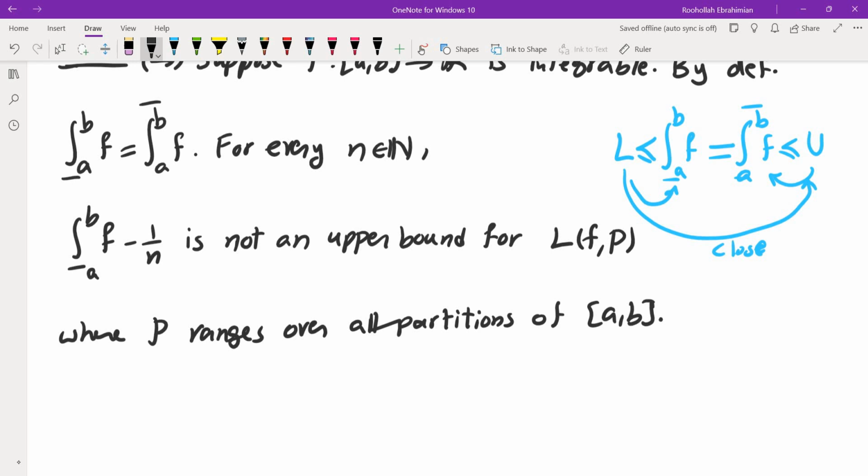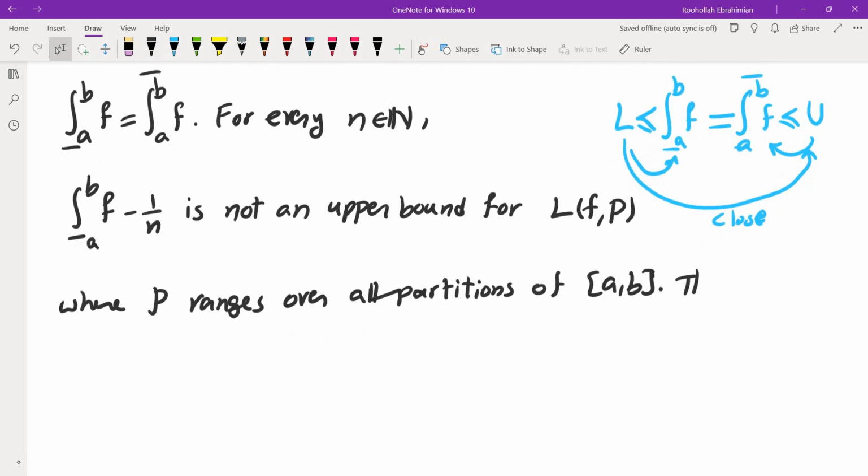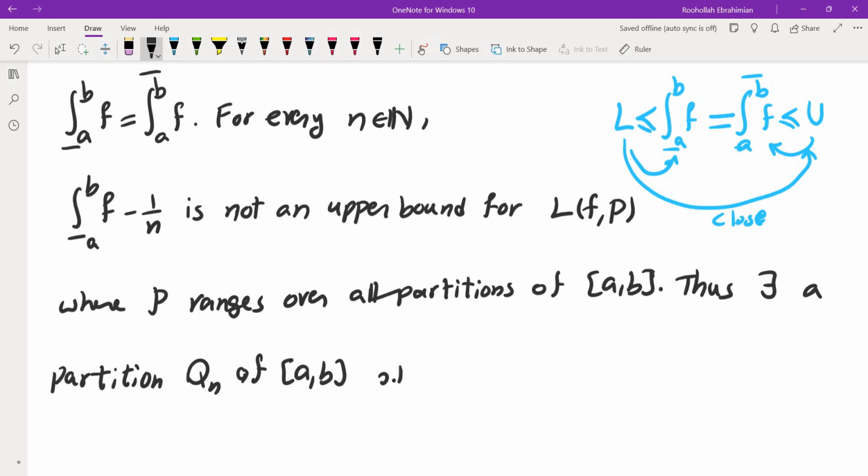This is not an upper bound because the lower integral is in fact a supremum, so that is not an upper bound. Thus, there is a partition, let me call that Qn, of [a, b] such that the lower integral minus 1 over n is less than the lower sum of f with respect to Qn.